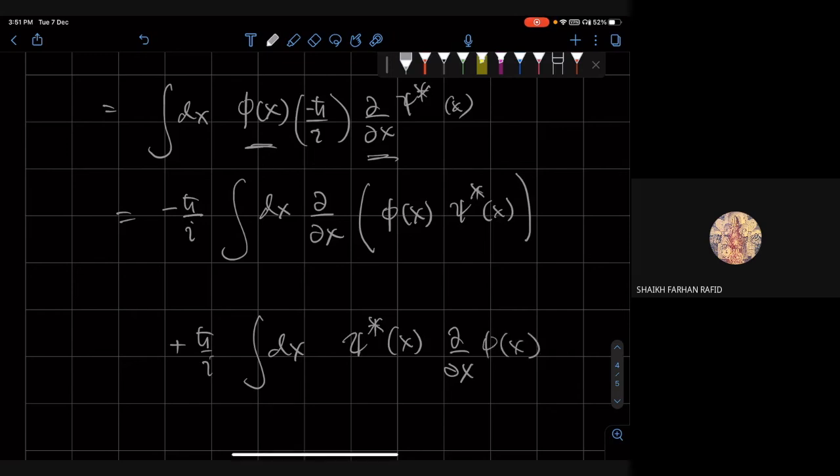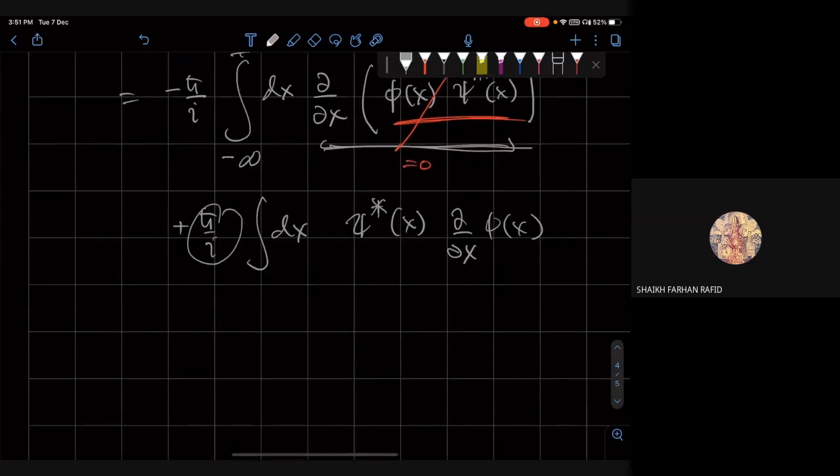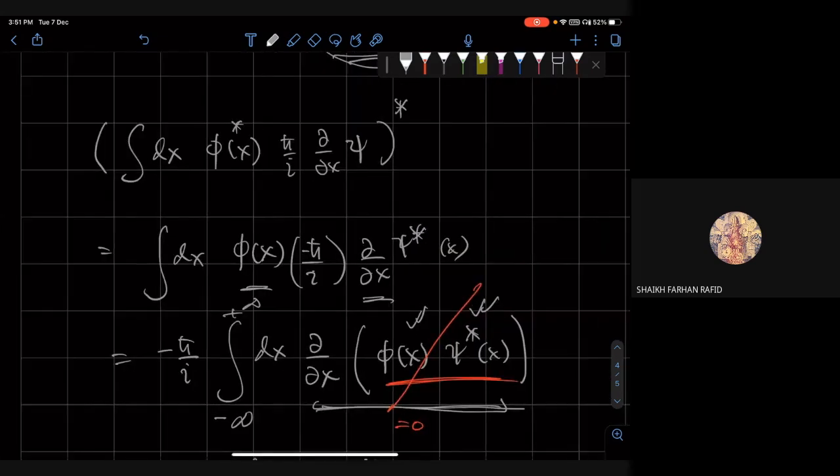And now, this is a total derivative, and so if I evaluate this, it means evaluating these functions at infinity. And if I assume that these functions go to 0 at infinity, as we should if they're going to be, say, L2 functions, then this factor goes away, and then this we can take inside, and therefore we have psi p hat phi, which is exactly what we had to prove.